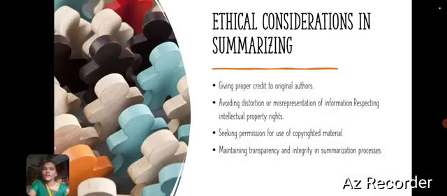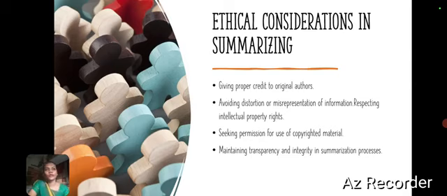So there are some ethical considerations we should keep in mind while summarizing. We have to give proper credit to the original authors, because that's not our own. We are just making use of someone else's work. So we have to be careful about giving proper credit. Avoid distortion and misinterpretation of information. We can't change everything while summarizing.